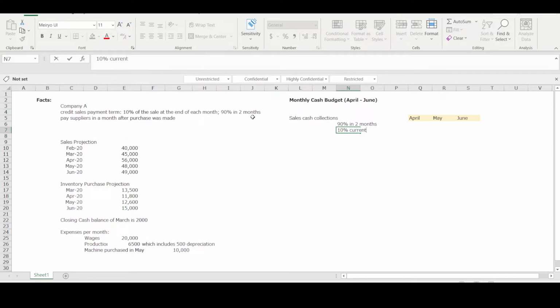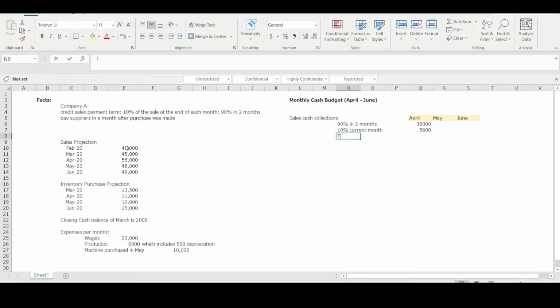current month. So for April, we know they're going to get 10% of the sales they made in April, which is 56,000, so 5,600. And then they're also going to get cash coming from February's sales, 90% of February's sales, which is 36,000.